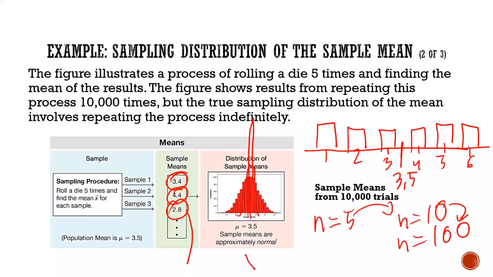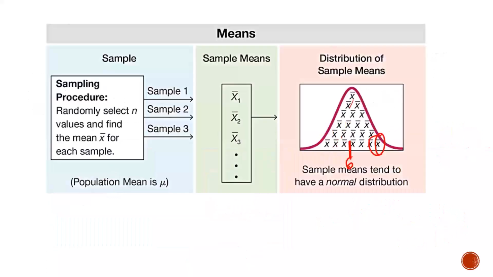Some were bigger than 3.5, some were smaller, some were exactly there. But they averaged out to be 3.5, which is the mean for the whole population, correct? So that is why that is an unbiased estimator. In this case, since these are centered around the mean, it's unbiased.